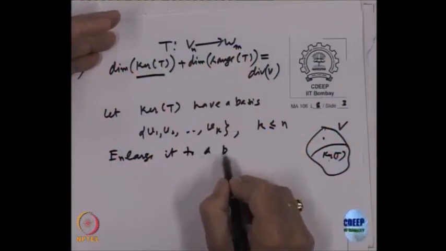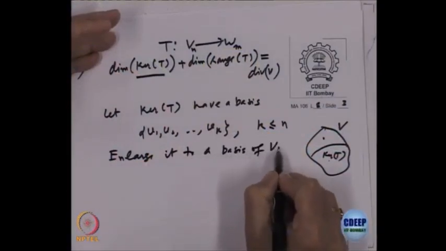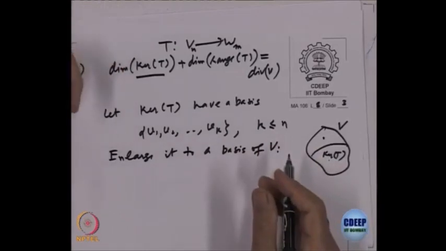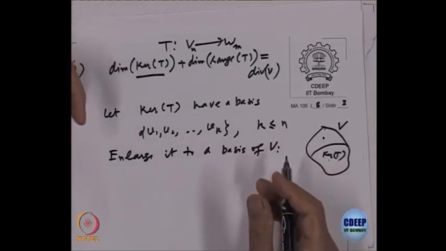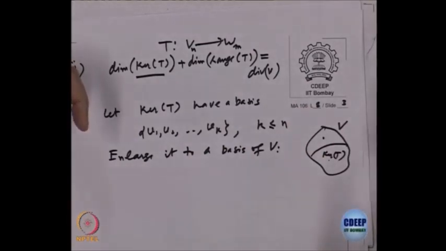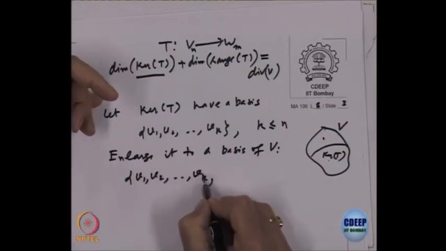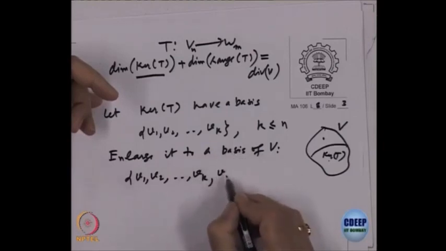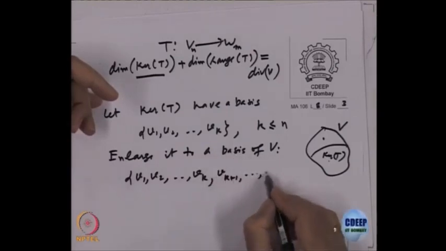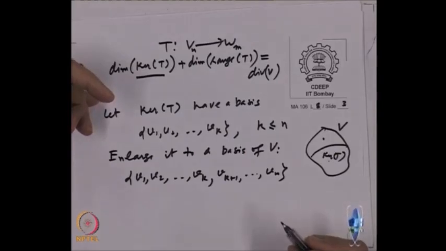So, what one says is enlarge it to a basis of V. You are given k vectors which form a basis of the kernel, add n minus k more, so that you get n vectors which form a basis of V: V1, V2, up to Vk, up to here this is the kernel, the new ones which are added are Vk plus 1 up to Vn, and you get a basis of V.